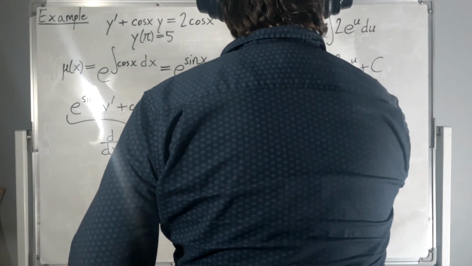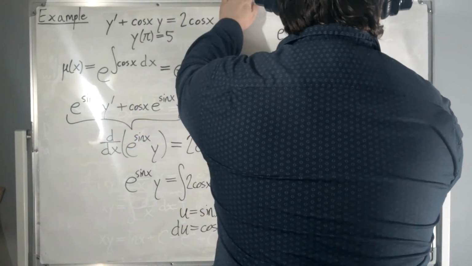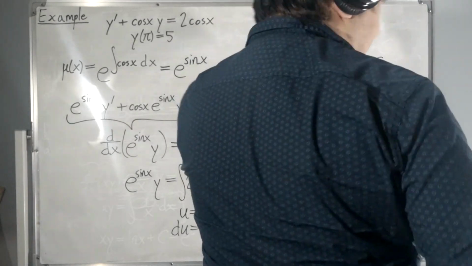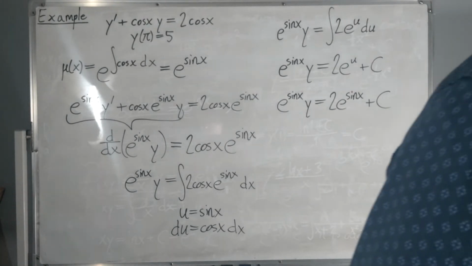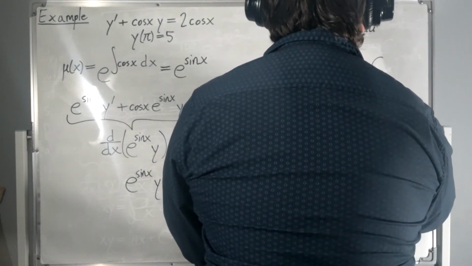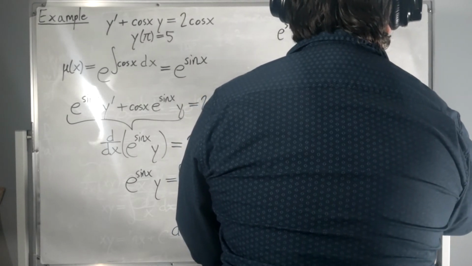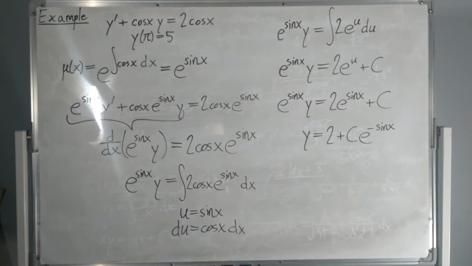So this becomes e to the sine x y equals 2e to the sine x plus c. Divide both sides by e to the sine x, and we get y equals 2 plus c e to the negative sine x. And that is our general solution.